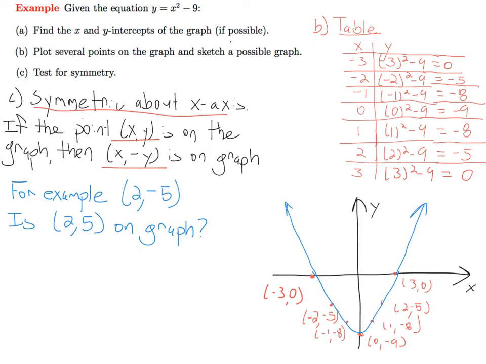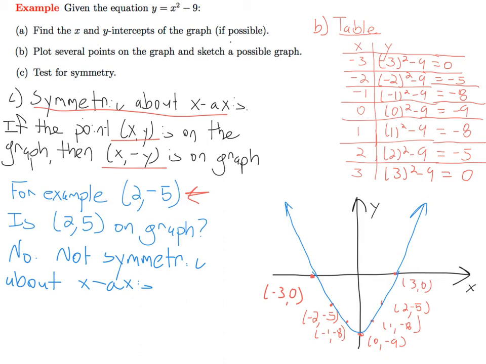So here we were at the point (2, -5). Its reflection over the x-axis would be up here at (2, 5). And this is not a point on the graph. So this is not symmetric about the x-axis. Okay, and just this 1 point, (2, -5), shows that. So far we've shown that it is symmetric about the y-axis, but not symmetric about the x-axis.